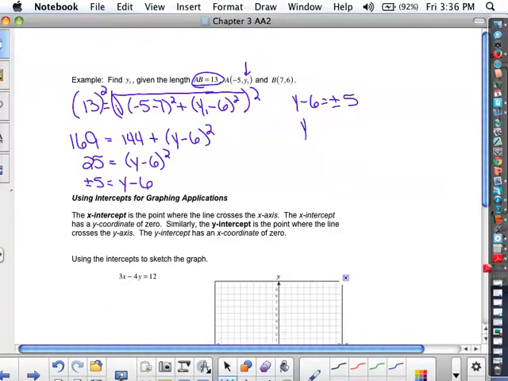That gives me y is equal to 11, and y is equal to 1. So my solution is that y1 is equal to the set 1 and 11. And you will need to do some problems like that. I think we have some practice problems in class.